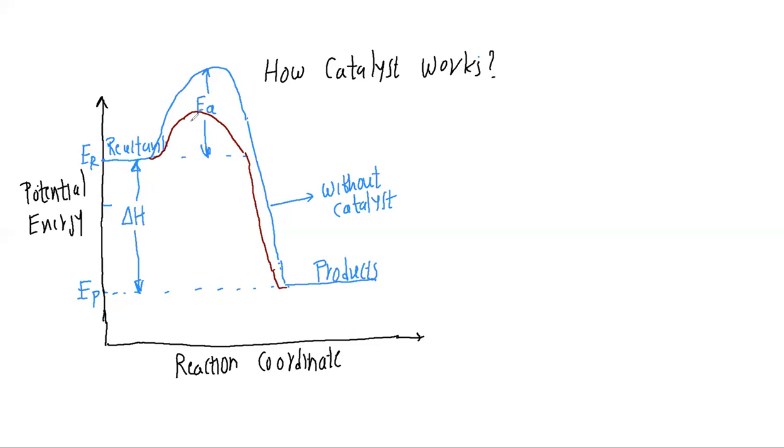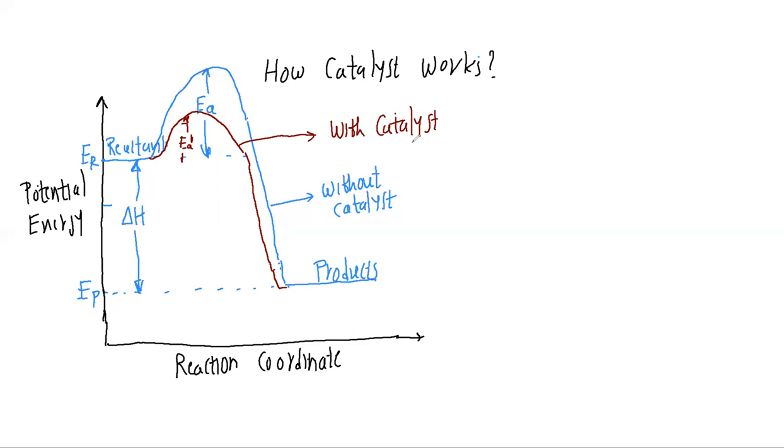So what it has done? In this case, this is the new activation energy, which I'll call EA dash. So this is the path with catalyst, the reaction is taken.